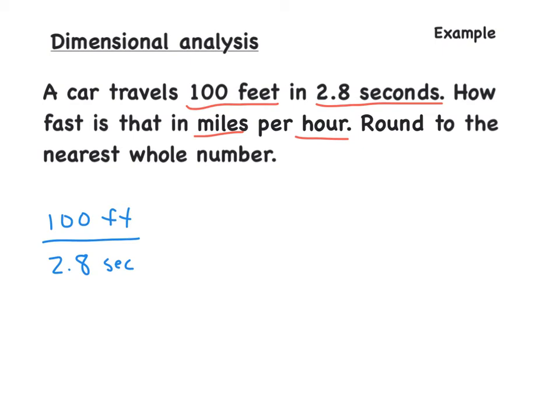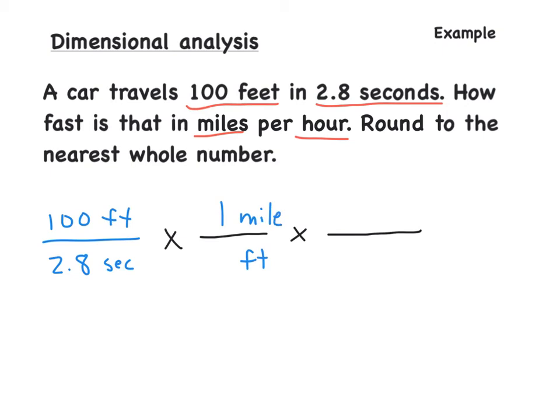So when we are multiplying through, we want to end up with miles per hour. What we have to do is go directly diagonal. How many feet are in 1 mile?